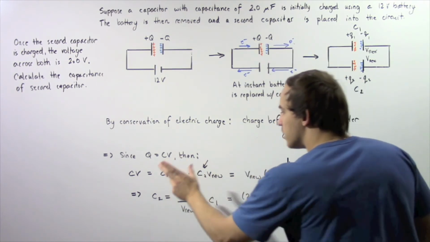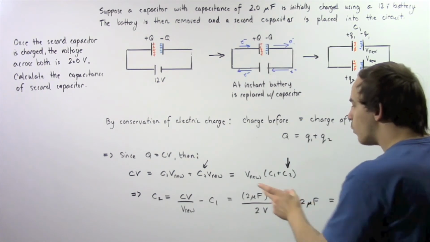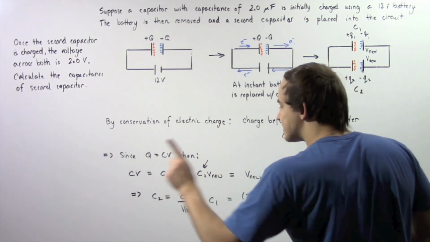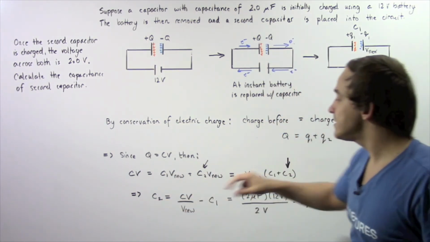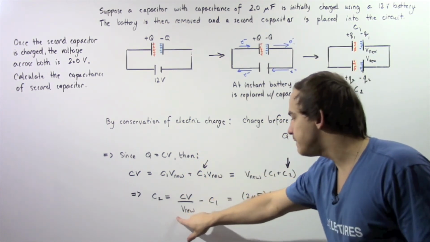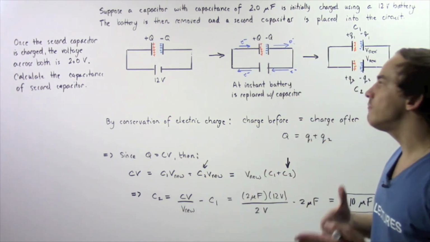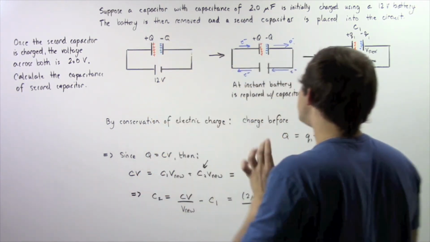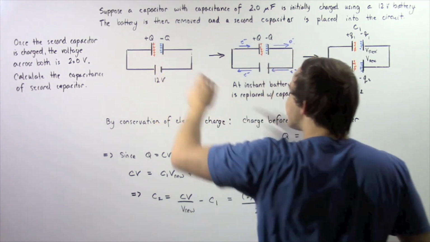V nu appears in this term and this term, so we can take it out as shown. Now we bring the V nu to this side and we bring our C1 to that side. So we see that the capacitance of the second capacitor C2 is equal to C multiplied by V divided by V nu, minus C1. Now C and C1 have the same exact quantity. This capacitor has not changed. These capacitors are the same with the same capacitance.